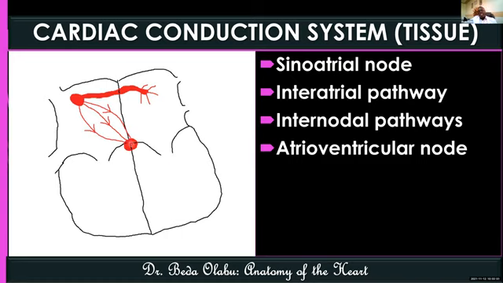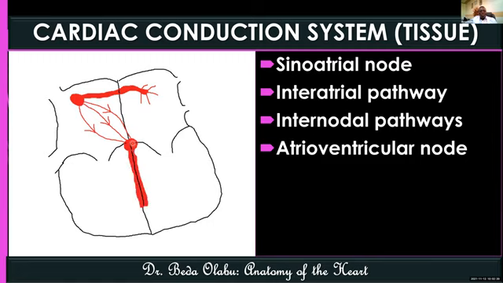That is why there's a delay there, so that those impulses don't move directly to the ventricles at the same time, because that would mean that the atria and the ventricles will contract at the same time. The AV nodal delay allows the atrial mechanical events to be ahead of the ventricular mechanical events.